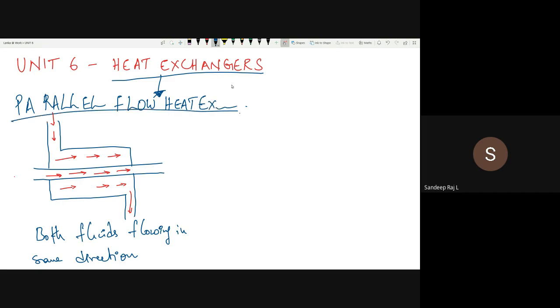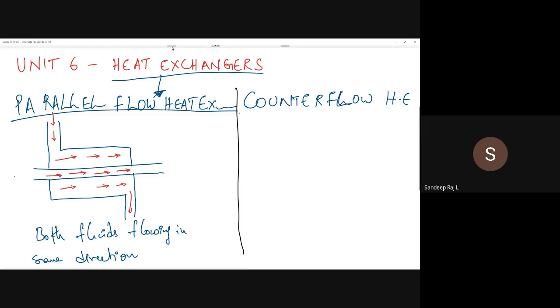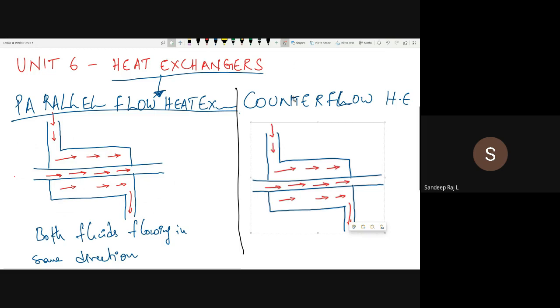Right? So what is the next one? The next one is your counter flow heat exchanger. Again, here you will have the same kind of figure. But what is the difference here? Here, one of the fluids will be flowing in the opposite direction.